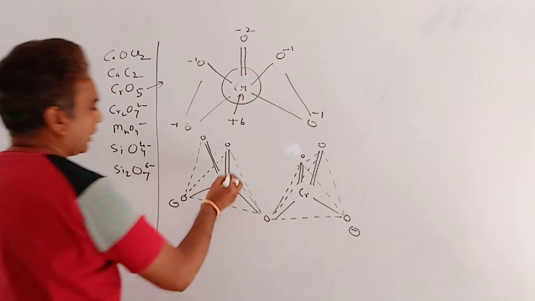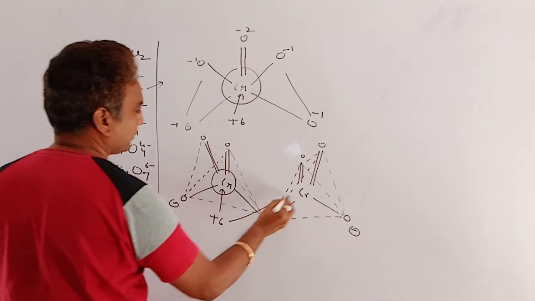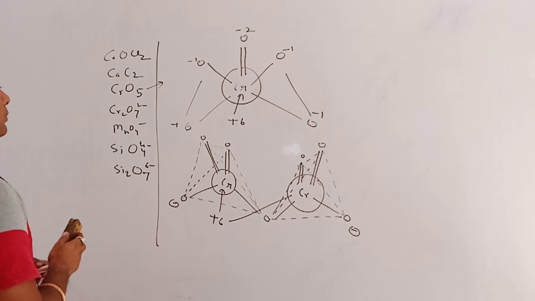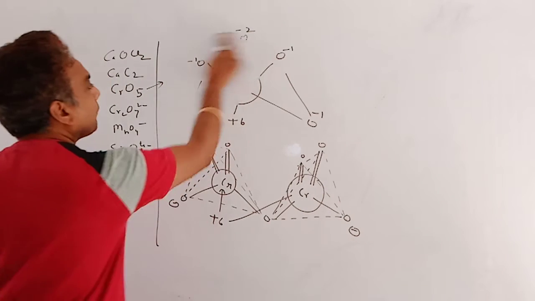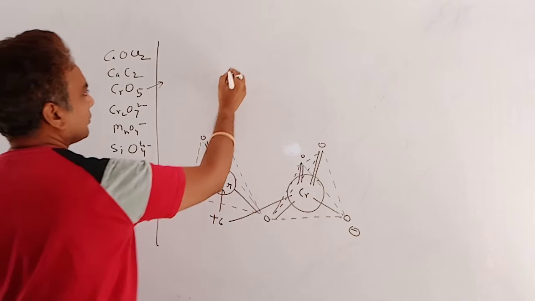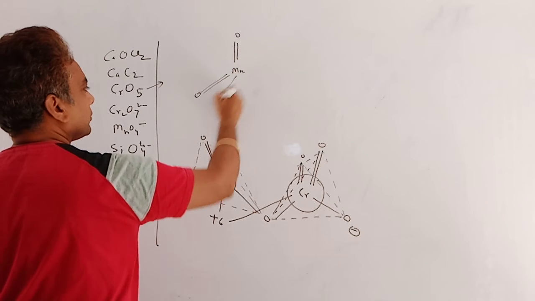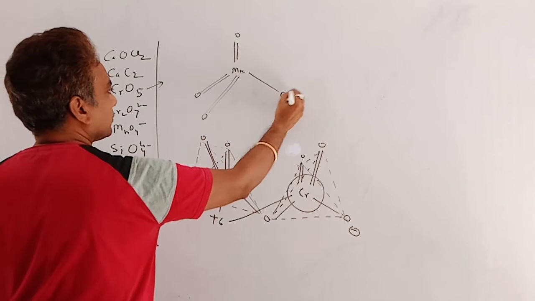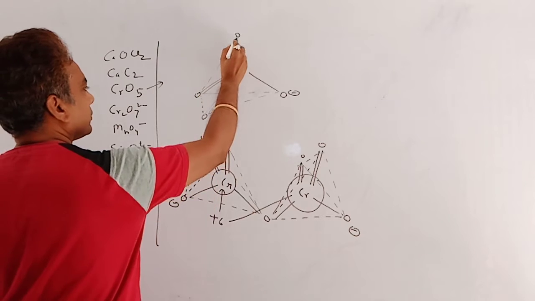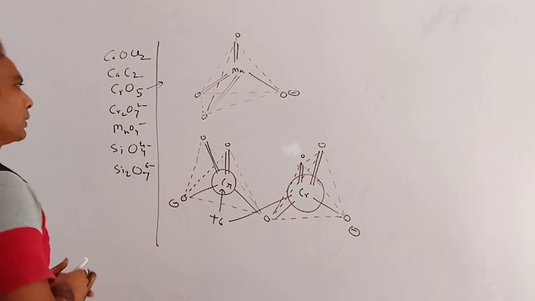The oxidation state of each chromium is also +6. Permanganate ion, which is also tetrahedral. Permanganate ion.